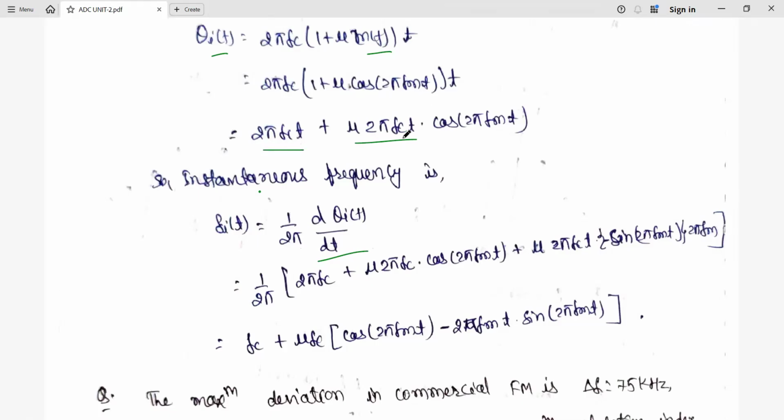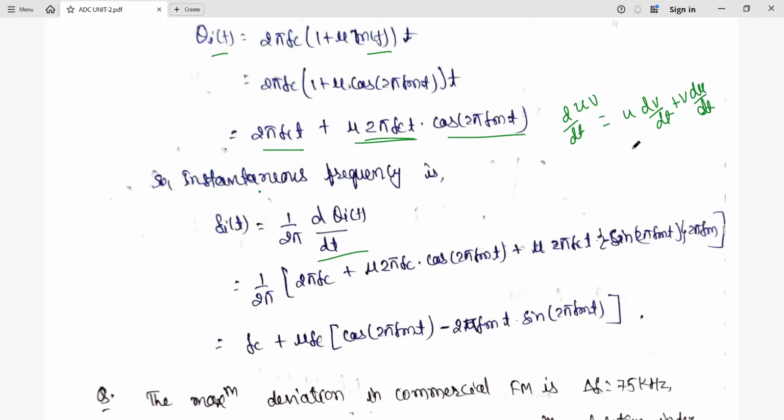Again here we have u into v, the 2 pi fc t again with cos 2 pi fm t. So if you have u into v, how are you going to differentiate? This is going to be u into dv by dt plus v into du by dt.